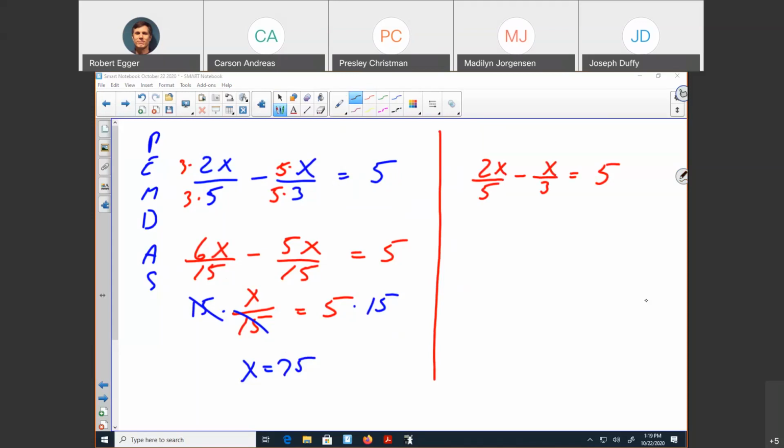And so what I can do is right away multiply every term, including the other side of the equal sign, by a number that when I'm done, the 5 goes away and the 3 goes away. Oh, I had a check here. Let's see. In fact, I need to multiply like the 5, 2. Oh, never mind, I see. Oh, okay, yeah. Gotcha. All right.